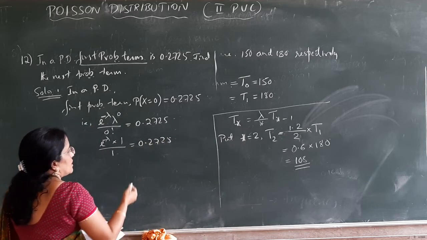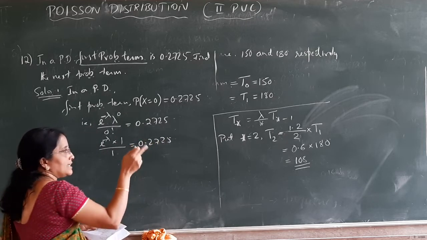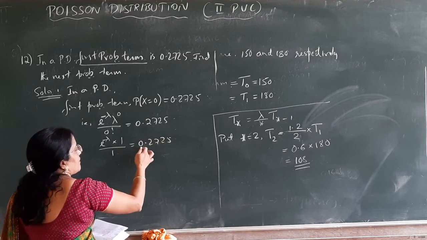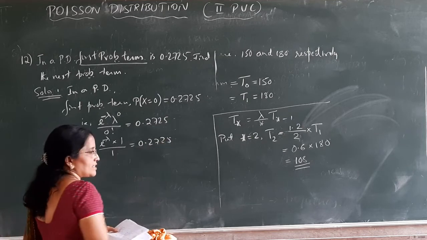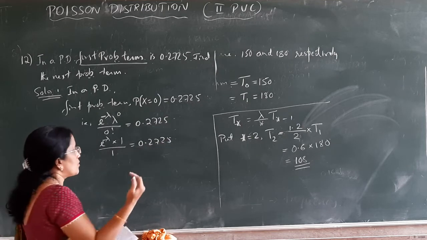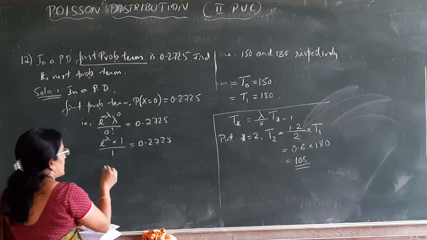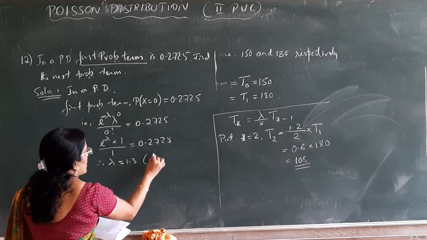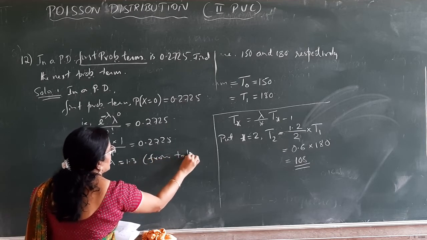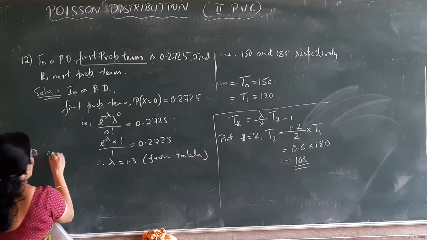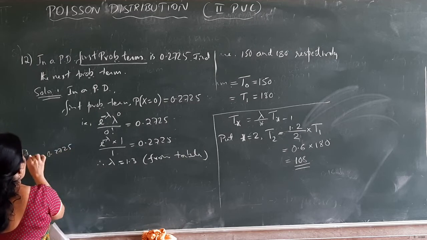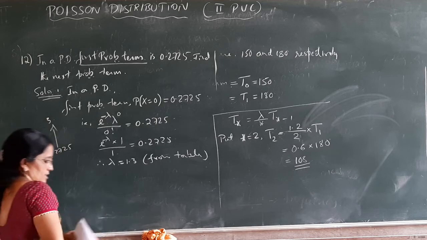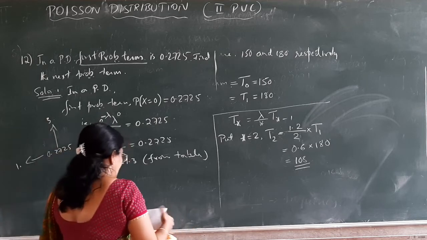Right? Now from the Poisson table, look at the body of the table. There identify where 0.2725 exists. Move in the same row, same column, you can find the value of lambda, and you will be getting lambda equal to 1.3. Identify in the same row, in the same column, you can observe 1.3 is there. This is how to obtain the value.